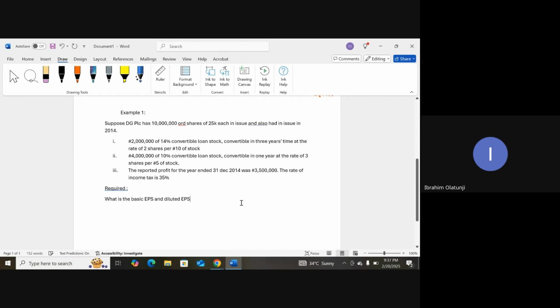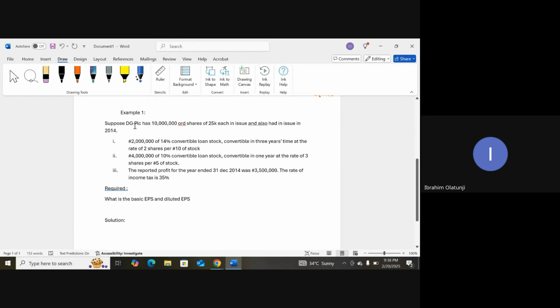Based on what I explained earlier, for the steps that we need to know, whether we are given the ordinary shares for us to compute basic EPS.